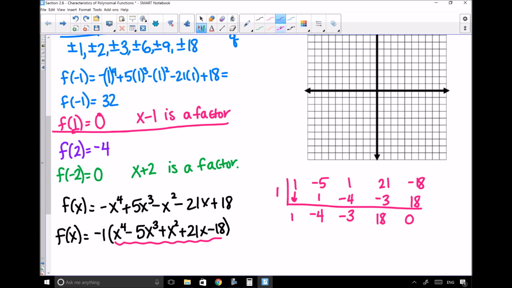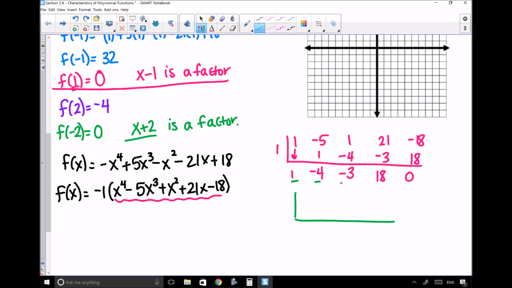So my next factor that we got was x plus 2. So I'm going to go ahead and do synthetic division again. So I'm going to divide my new coefficients that I have here without my remainder because I don't need that anymore. I'm going to use synthetic division with these coefficients as well as with the number -2.